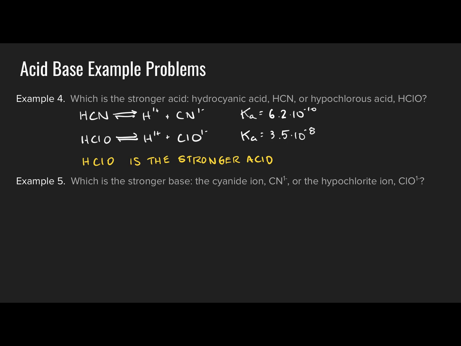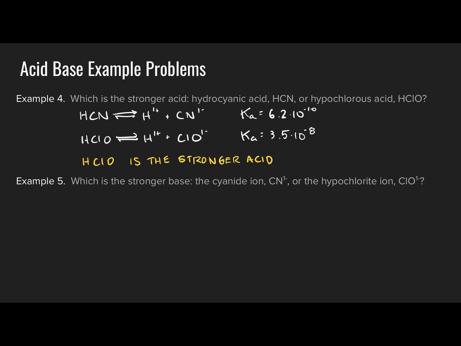That is, I could write dissociation equations for these acids. HCN separates apart into the hydrogen ion H positive and the cyanide ion CN negative, or hypochlorous acid, HClO, dissociates into the hydrogen ion H positive and the hypochlorite ion ClO negative.